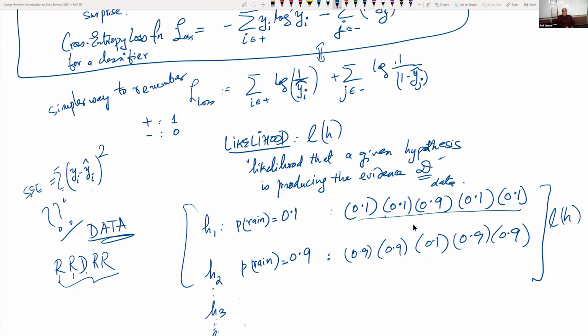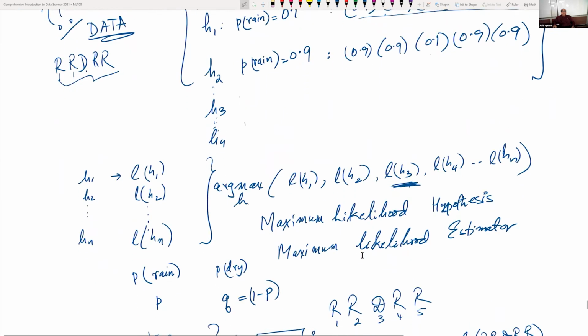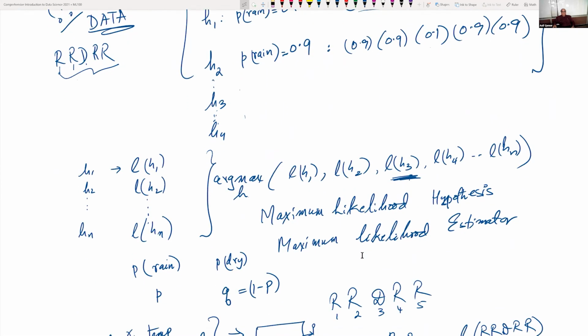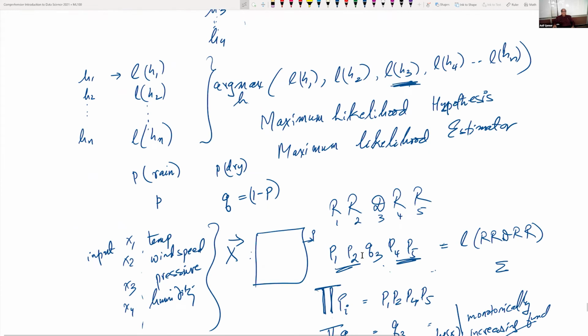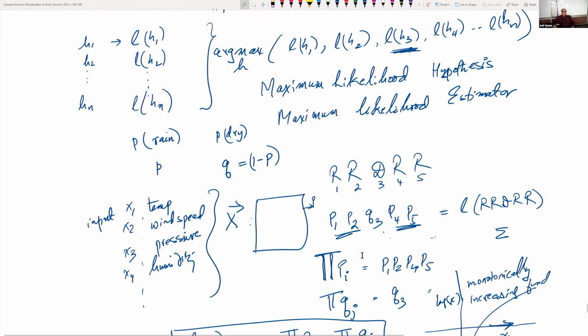Remember it like this: likelihoods are associated with hypotheses, whereas probabilities are simple probabilities. Then you're looking for that hypothesis that is maximizing the likelihood of the evidence. And that approach is the maximum likelihood estimate approach.